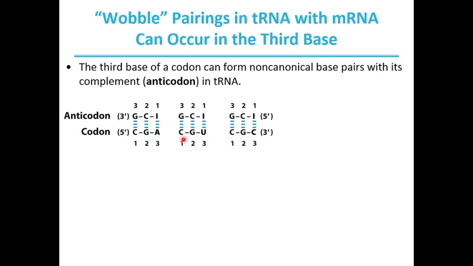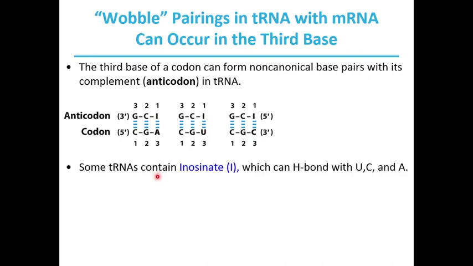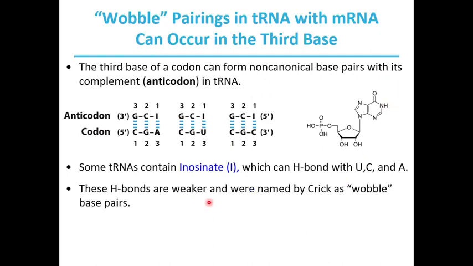As you can see, for all these three different codon-anticodon interactions, the first base of the anticodon is a non-canonical base. Some tRNAs contain inosinate as a non-canonical base, which can hydrogen bond with uracil, cytosine, or adenine. If you consider the structure of inosine, it's very similar to guanine, except that the NH2 is missing, and hence it can form two hydrogen bonds with this oxygen and with this NH. As a result, the hydrogen bonds are weaker and were named by Crick as wobble base pairs.